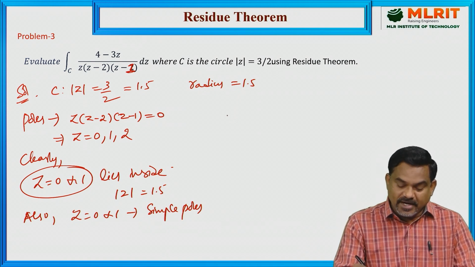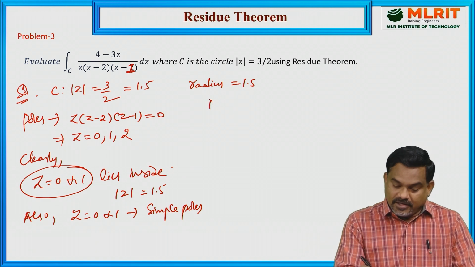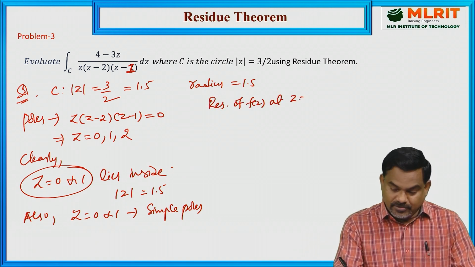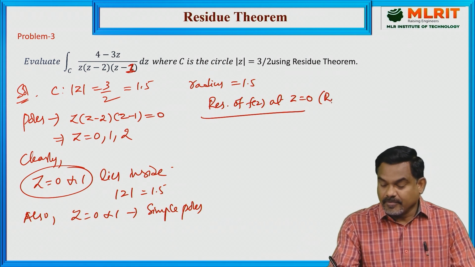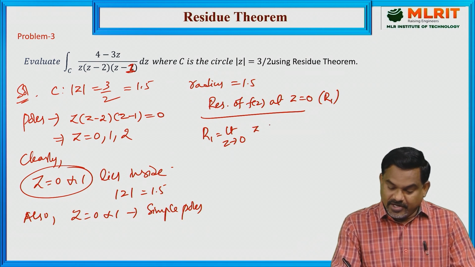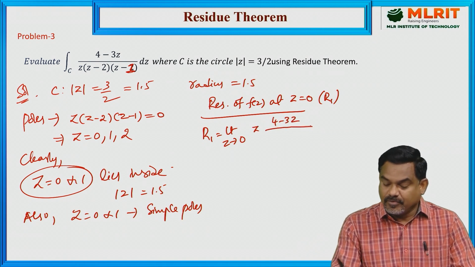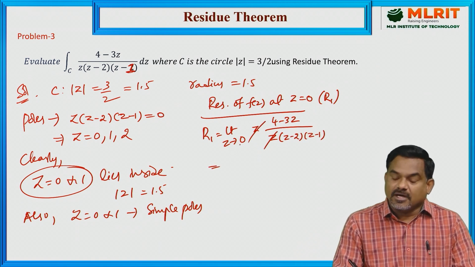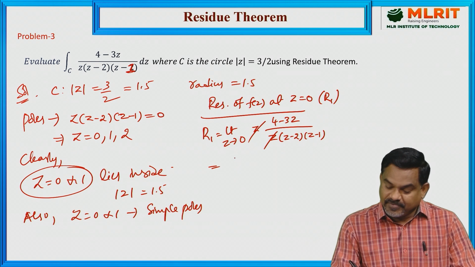Now to find the residue of f at z equal to 0, R1: limit as z tends to 0, z into f of z, 4 minus 3z by z into z minus 2 into z minus 1. These two get cancelled. Now as z tends to 0, this is equal to 4 by minus 2 into minus 1, so 2.